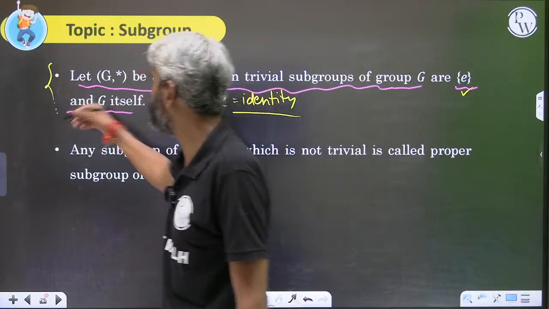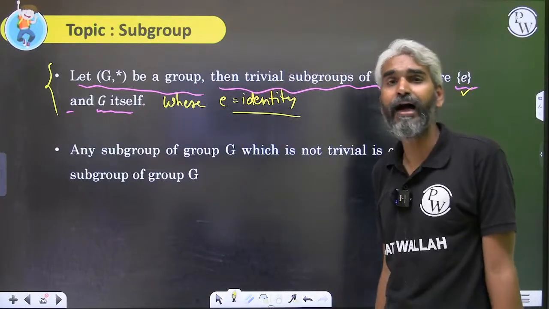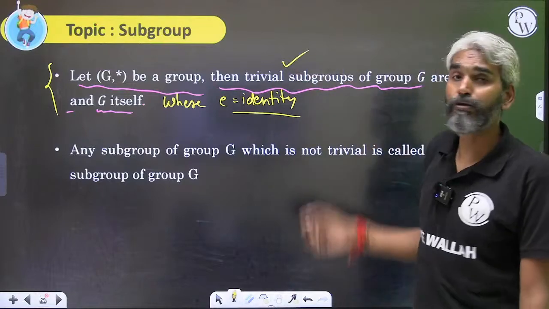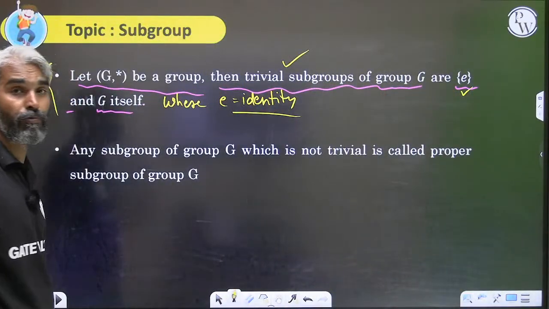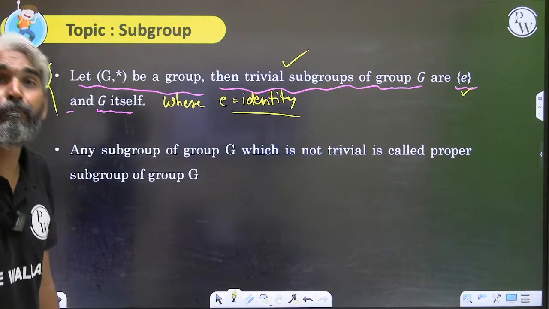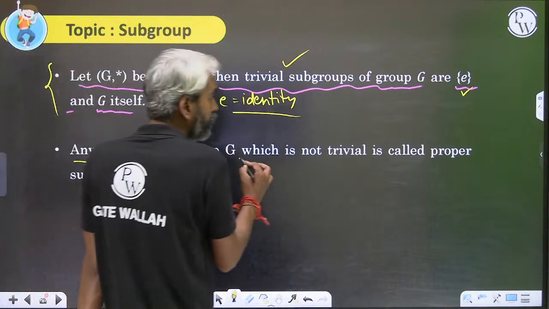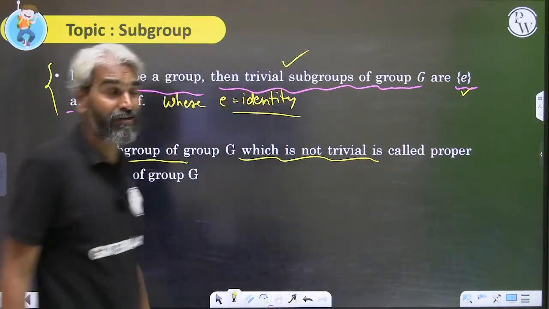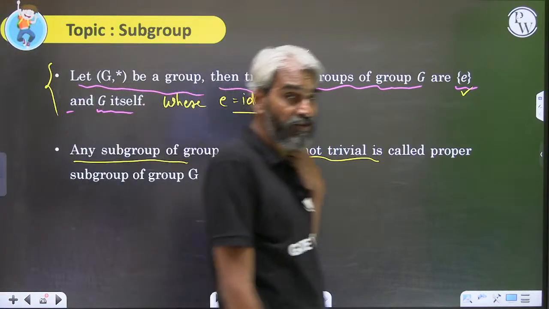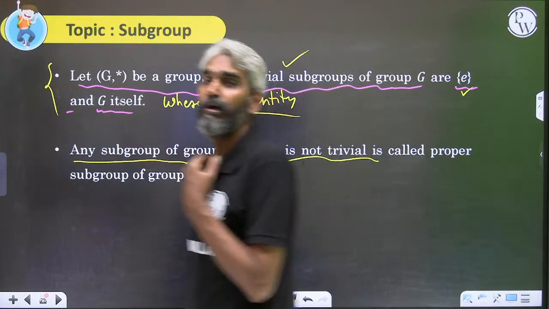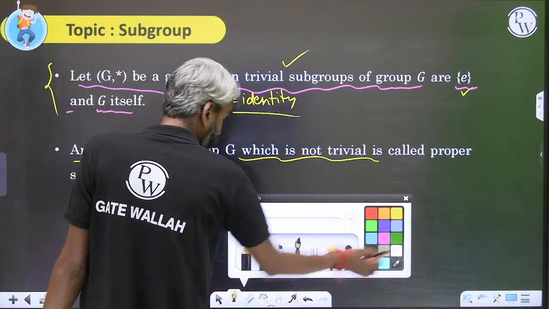So for any group G, G itself and the set containing the identity element are called trivial subgroups of group G. If you have any other subgroup of group G, then it will be called a proper subgroup of group G. So any subgroup of G which is not trivial, apart from these two, is called a proper subgroup of group G.